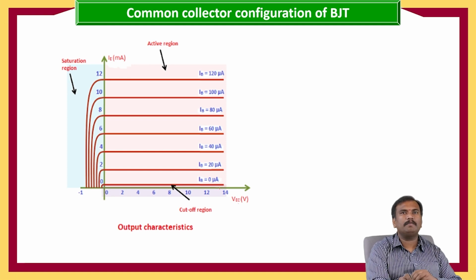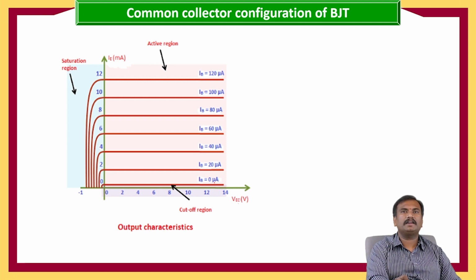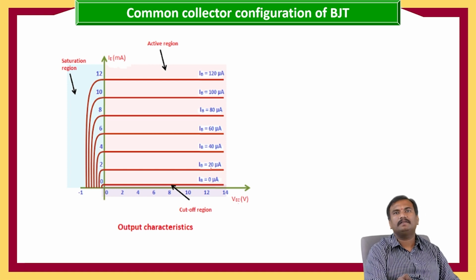And this process can be repeated for higher values of base current. Here the base current is increased from 0 microamperes to 120 microamperes. First the base current is increased to 20 microamperes, and after that, when we increase the voltage VEC, the IE value is maintained constant at 2 milliamperes.